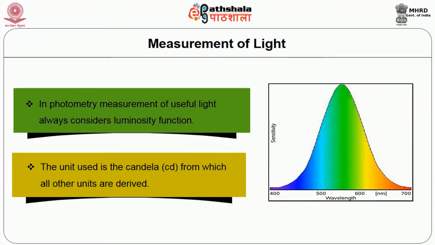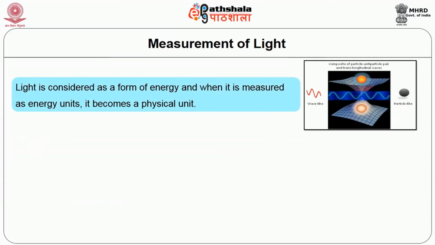These points make us ponder one important question very distinctly. What aspect of light are we measuring? Energy or brightness? Light is considered as a form of energy, and when it is measured as energy units, it becomes a physical unit.